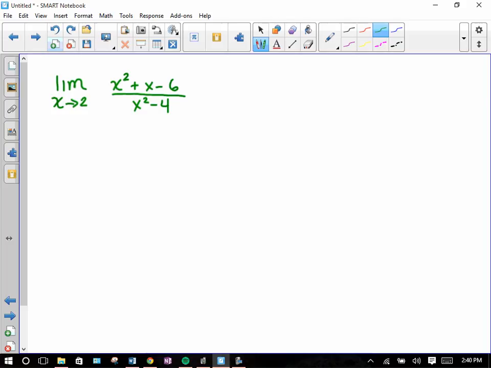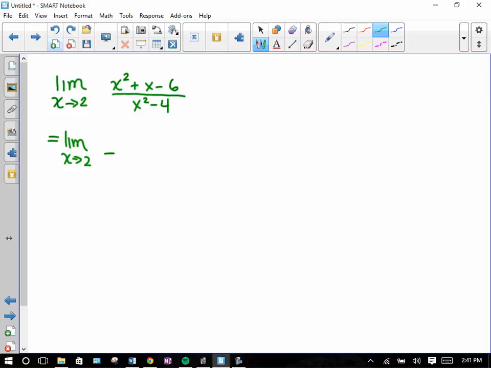Alright? So, the first thing that I need to do then is, I see a quadratic over a quadratic. To me, that's telling me I need to go ahead and factor stuff. Now, I'm going to say the limit as x approaches 2. I know that 2 is making the denominator 0.